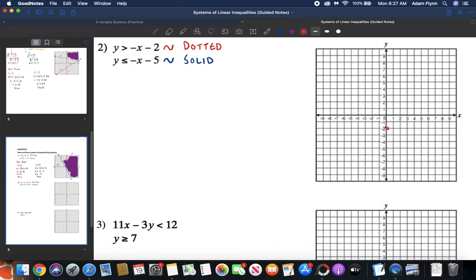And from there, my slope is -1, so I can go down one and right one, or I can go up one and left one.